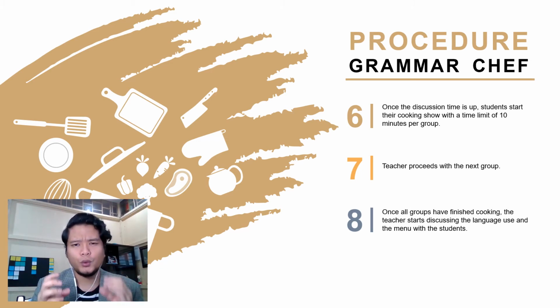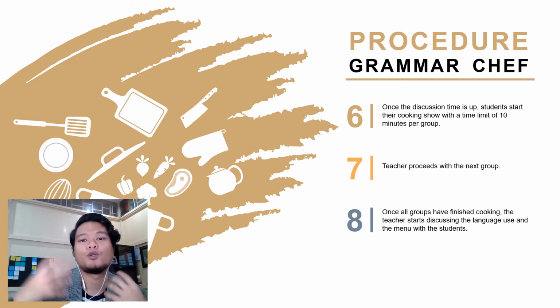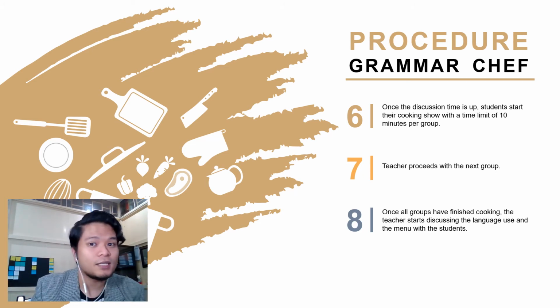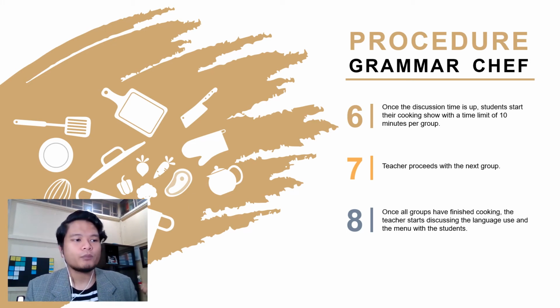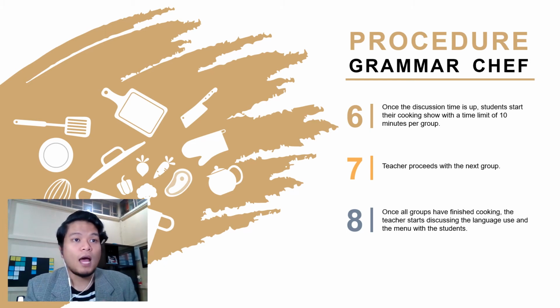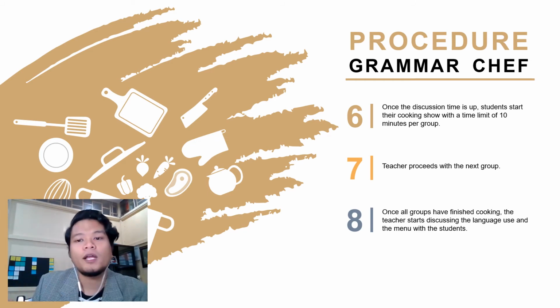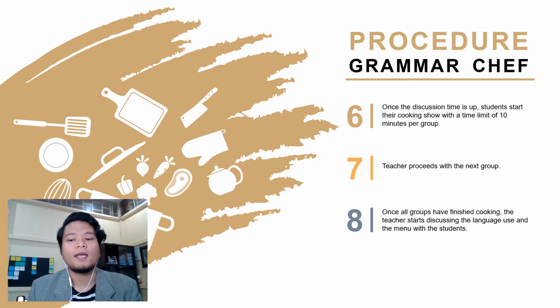So what students will do during this 10 minutes is students will showcase their speaking skills and also their teamwork skills between their group mates, and showing on how they will ask their group mates to pass the salt, for instance, and how they will show they want to cook something, for instance, they want to cook fried noodle, what ingredients should be put in first, and then it goes on and on and on for the 10 minutes. And then once the 10 minutes is up, then teachers can proceed to the next group.